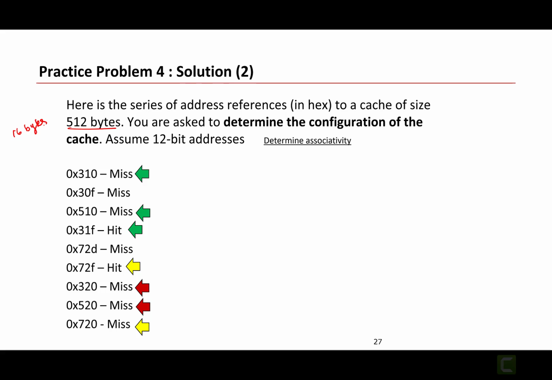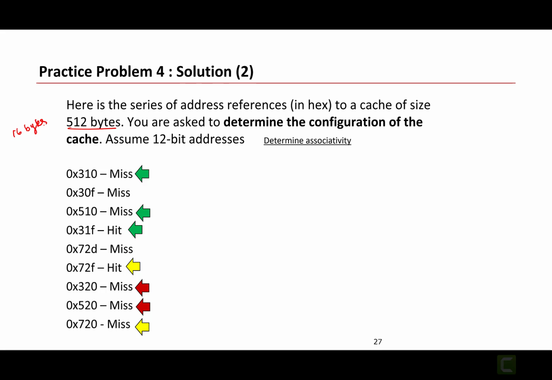If not, try 2-way, then 4-way, and see if you can find a contradiction for any one of those designs. The moment you find a contradiction, you can discard it. You don't have to simulate all the addresses, just enough to discover a contradiction. And when there is a contradiction, you know that it's not the right solution.